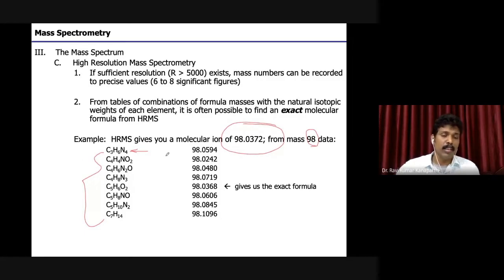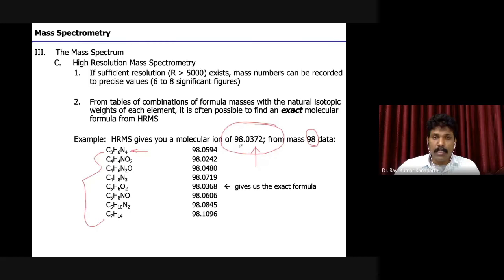But if you record the spectrum using a high resolution mass spectrometer, the advantage is that it gives exact values like this. Up to 4 digits, it gives very precise molecular weights. Therefore, it is easy to interpret. You can see here a molecular mass of 98.0372.